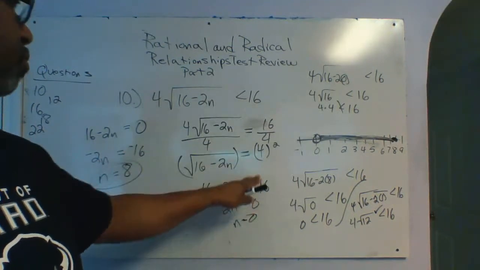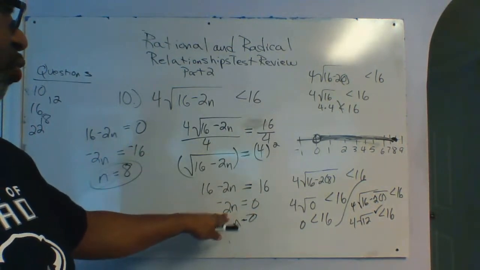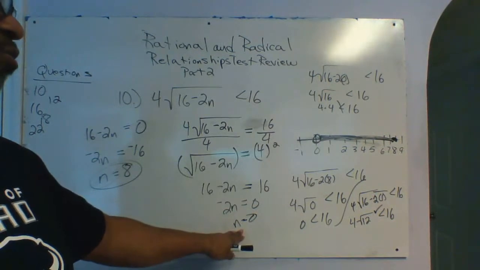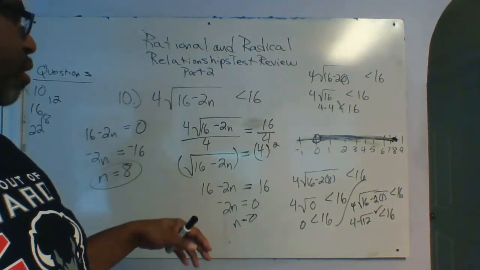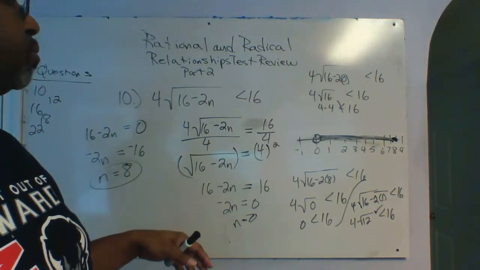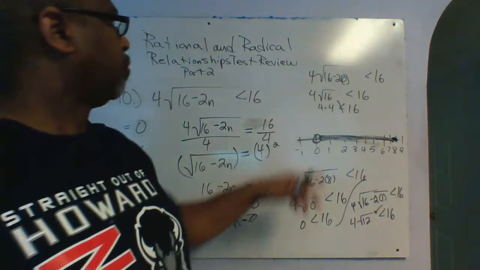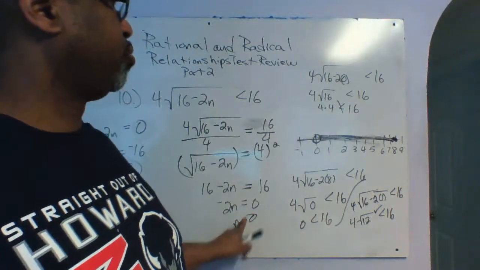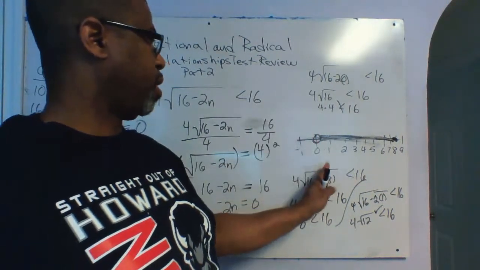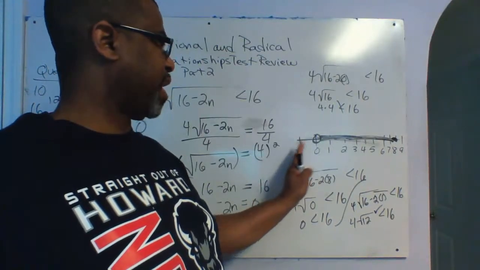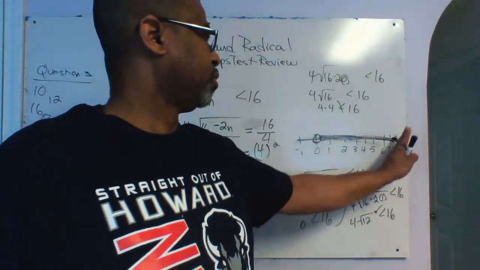Solving this, I get n equals 0. But if I put 0 in here, that's not going to be true because 16 is not less than 16. So got to pick a point on the left side, right side, left side.